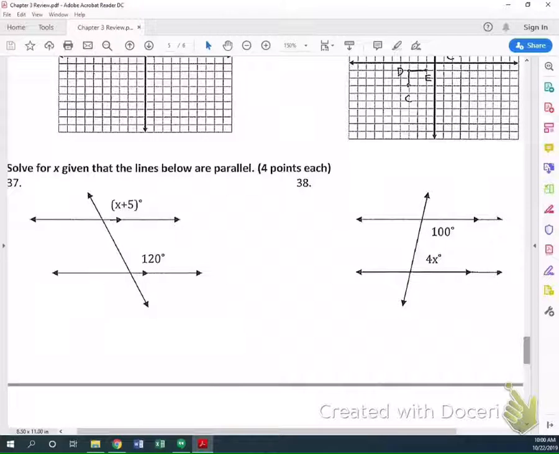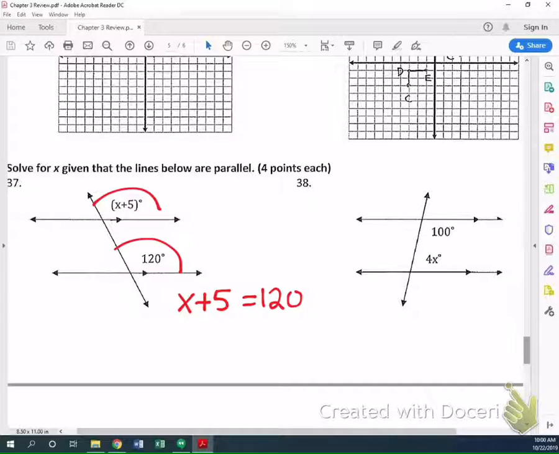The last section says solve for the x given the lines below are parallel. So what type of angles are these? Corresponding. And what do we know about corresponding angles? They're congruent. So x plus 5 equals 120. Then what?